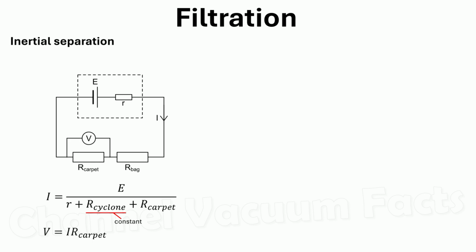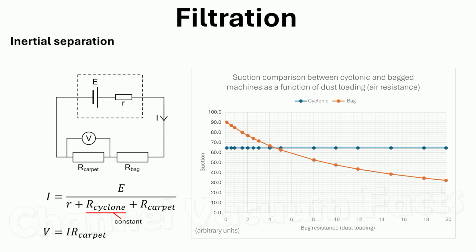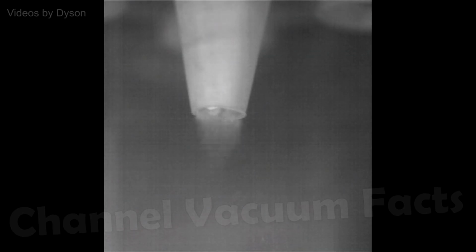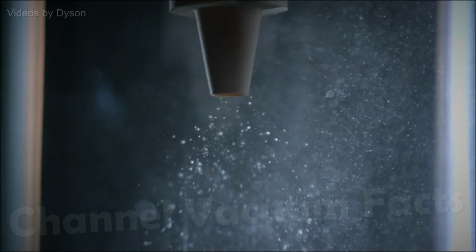In the equations, the cyclonic resistance is constant, as is the corresponding airflow, and thus suction through the carpet at the cleaner head. Plotting suction for both technologies shows why cyclonic technology does not lose suction with dust loading, and why it was an important improvement over bags. The disadvantages of the technology are that the flow constrictions needed to create high-speed jets, necessary to generate the large centrifugal forces, cause a loss of differential pressure, which needs compensating for from the outset by a higher pressure motor capable of generating sufficient motor air watts.